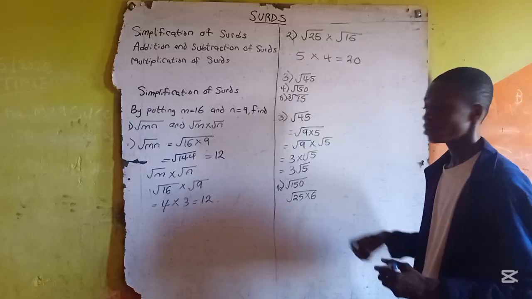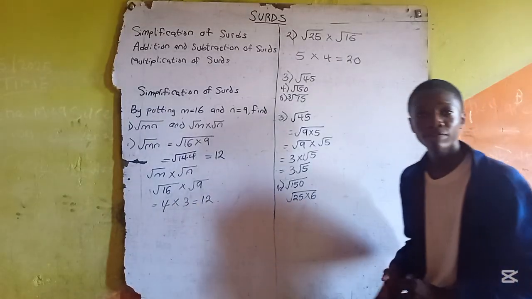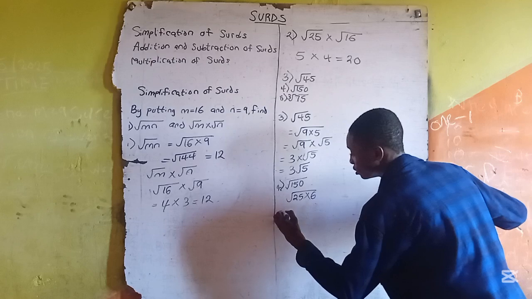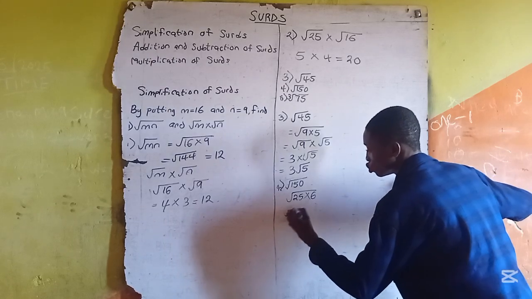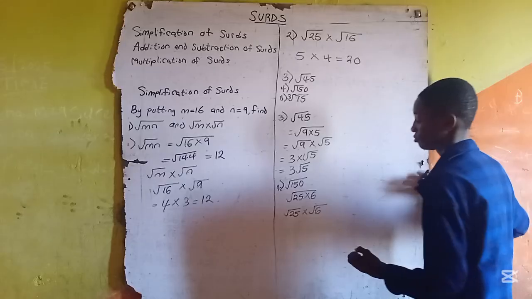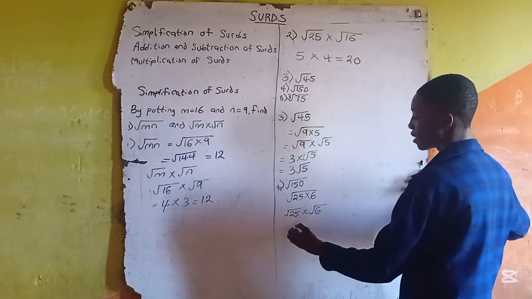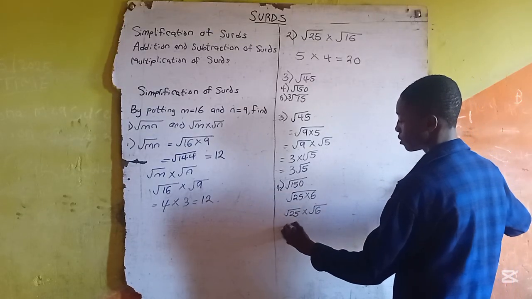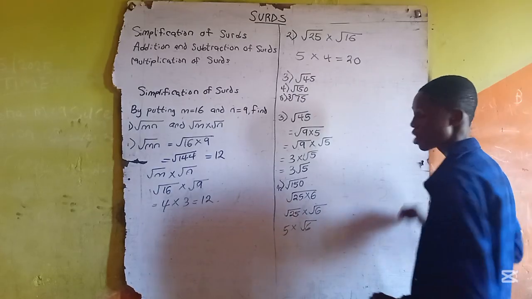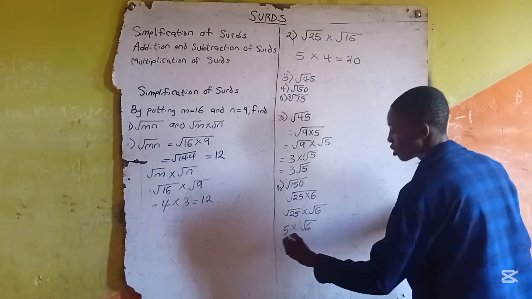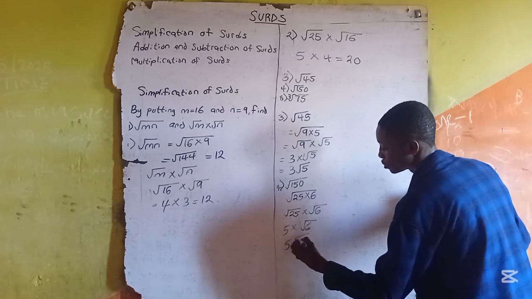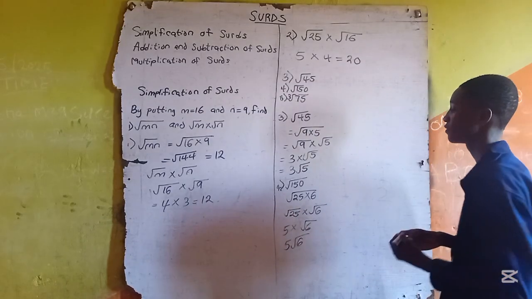Yes, we can use this, whereby you can square root 25, but you cannot square root 6. So now let's write it how we did the first one. That's root 25 multiplied by root 6. So the square root of 25 is 5, multiplied by root 6. There's an invisible 1 here, like I said in the previous question. So 5 times 1 will give you 5 root 6. This is the answer for this one.